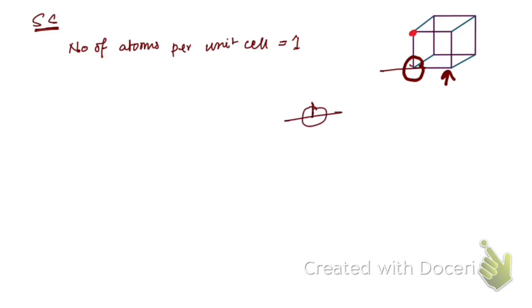If you see the upper part from the top, then it will be shared like this: 1 unit cell on this side, another on this side, like this. It will be shared by 4 unit cells, the upper half, and the lower half also will be shared by 4 unit cells.